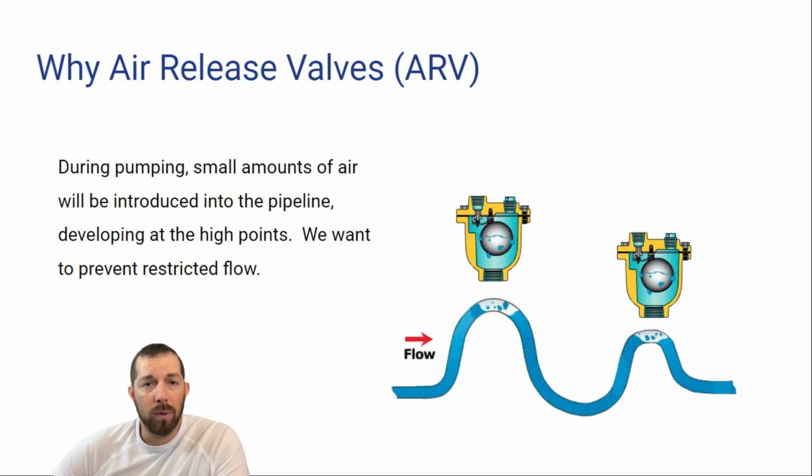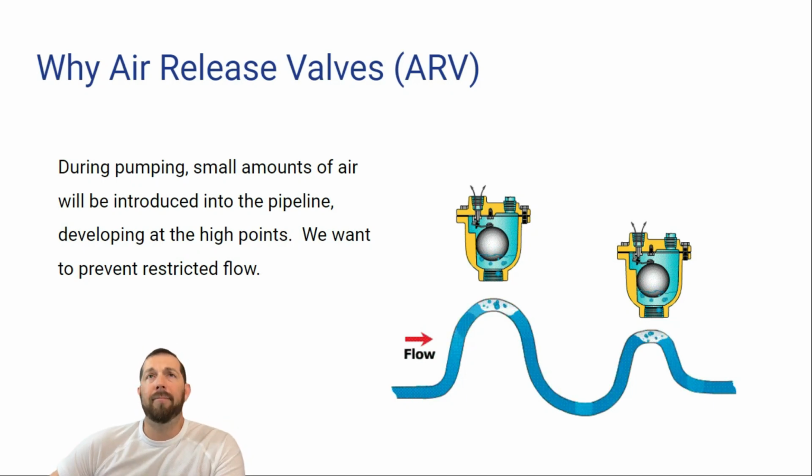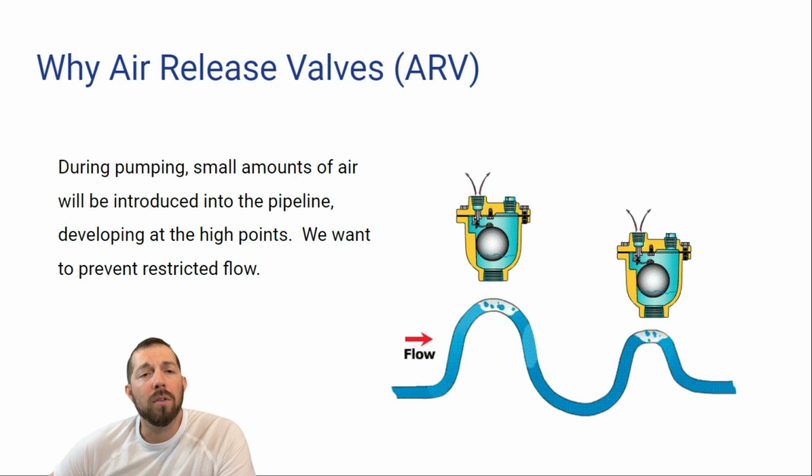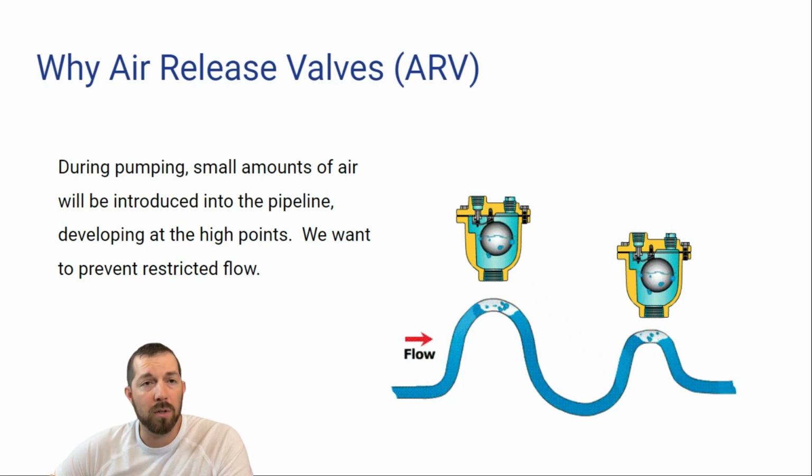So that's why we need the air release valves. On the wastewater side of things, it's a moving target. It all depends on the media and what's going on with the system as well, but it could have upwards of 6% of air in the system. So air valves are definitely important on the wastewater side of things especially.